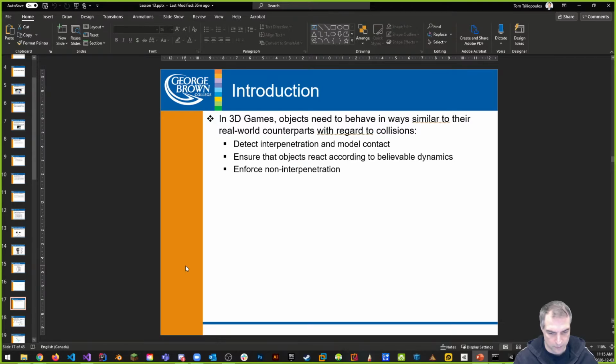The other thing is I want to ensure that my objects react according to believable dynamics. So does it make sense? Especially if I have any kind of rotation or anything like that, it's got to respond in a reasonable way, okay? And then we have to also enforce this idea of non-interpenetration. So if we have interpenetration happening, some kind of overlap, then we have to separate them again. And there's some techniques we talked about over the last couple weeks to do that.